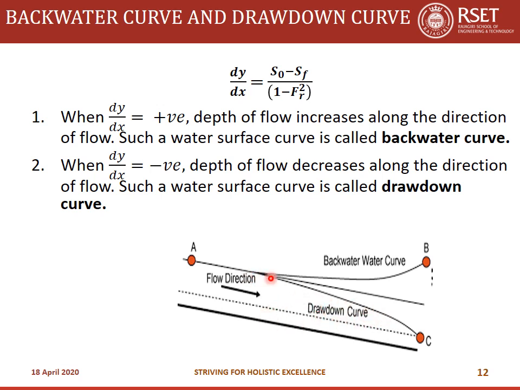So this is a backwater curve and this is a drawdown curve. Here you can see if the water surface had actually taken this path, it would have meant that the depth of flow is decreasing along the flow direction, and it's a drawdown curve. If the water surface depth was increasing along the flow direction, it would have been a backwater curve.